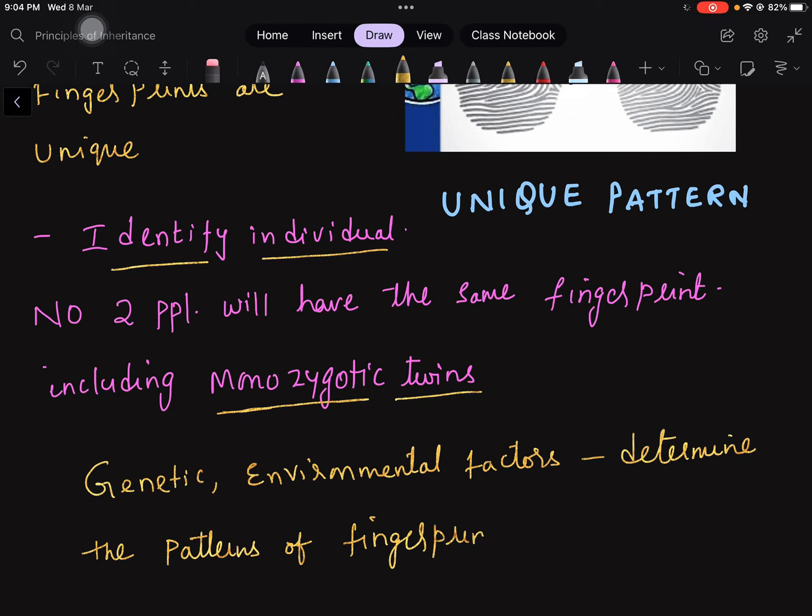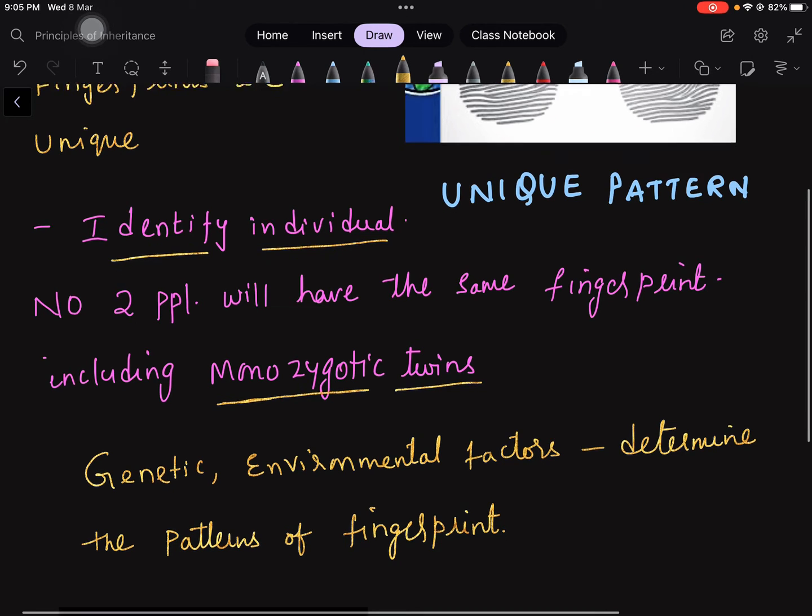That means by birth the fingerprint is not decided. As the organism grows, development and growth will happen. During that time, the pattern of the fingerprint will be decided. So as a result, every fingerprint is different from the other, either among the five fingers of a given hand or between two different people, right?